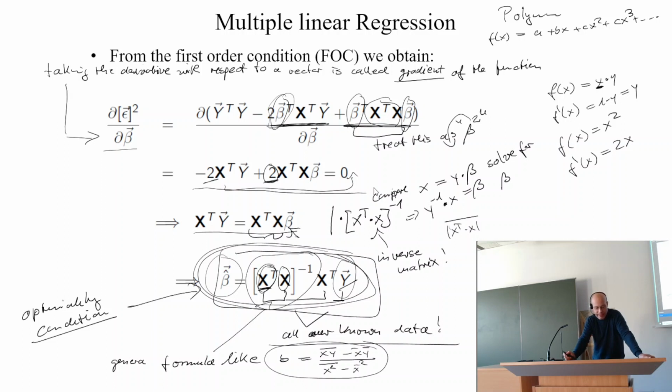Still, the derivatives looked quite the same as in the simple linear case, only with vectors and matrices. But then we have a practical problem, because in the simple linear case with only two variables, we can just solve our problem by dividing by a number. Here we have this optimality condition, and we are looking for the parameter vector beta, but in front of it we have a matrix.